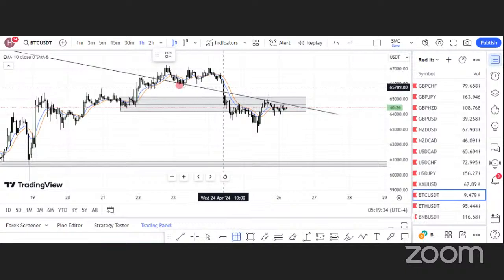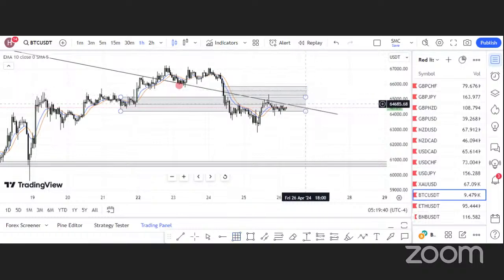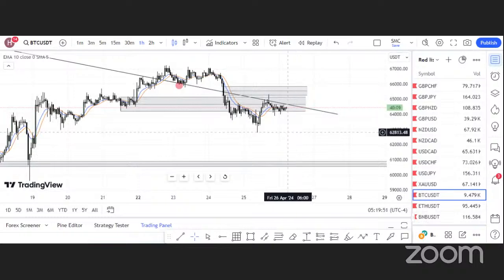So here we have the fair value gap. The market didn't touch the 50% of the fair value gap. It just tapped on the fair value gap and then started making a bearish move, right?